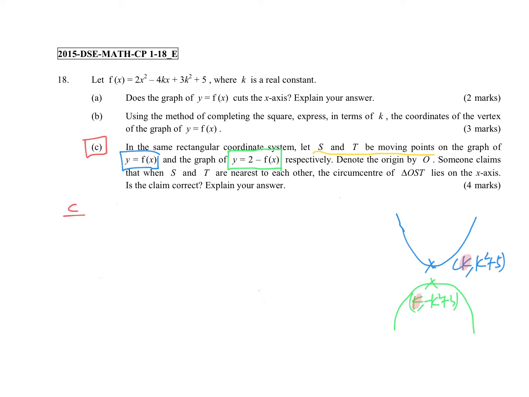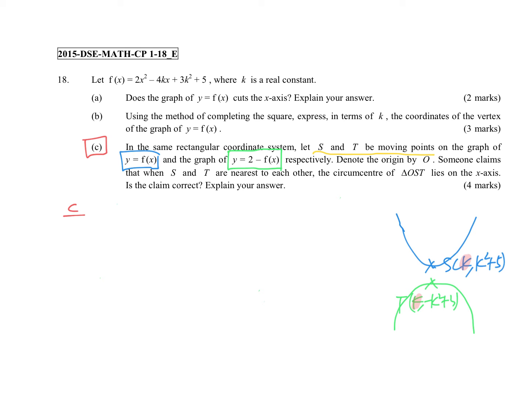So this is S, and then this is T. Because S and T are nearest to each other, the distance will be minimized.